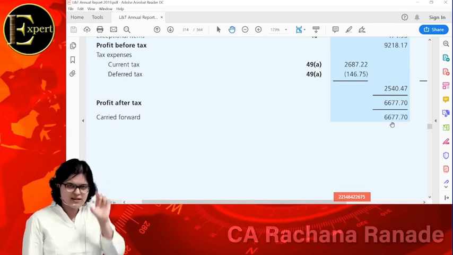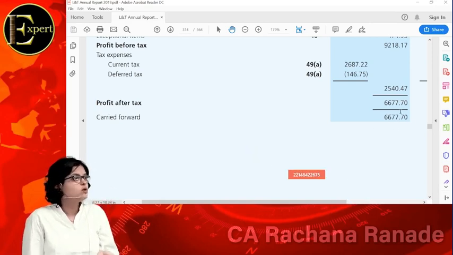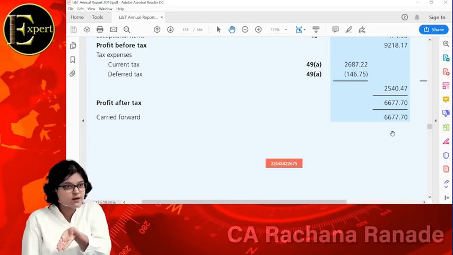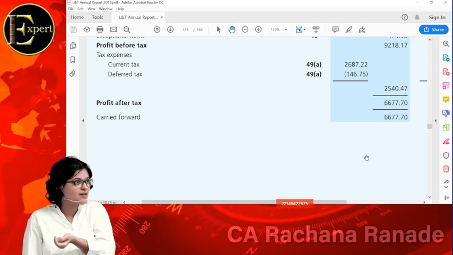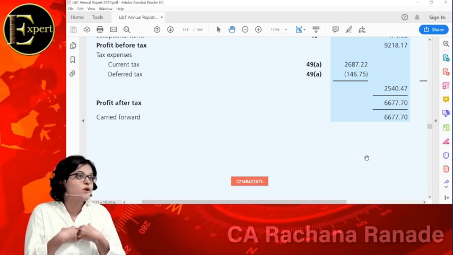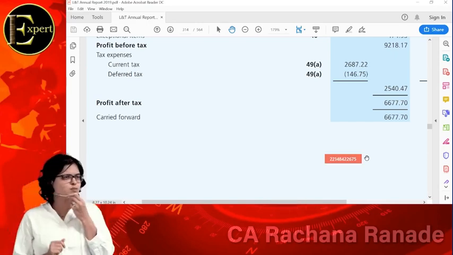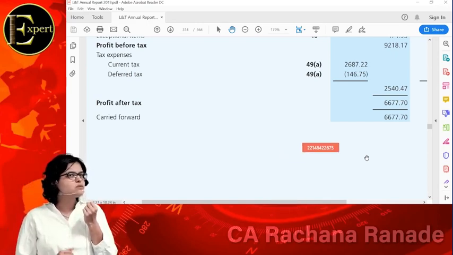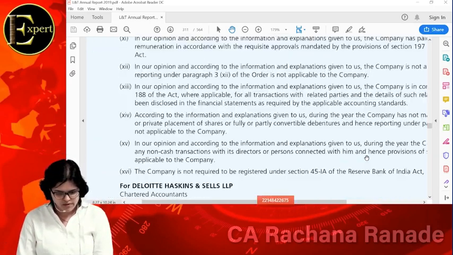Inside the liability side we'll have shareholders funds, and this amount has to get transferred there because they are the true deserving people of this money. They have taken the risk, they have earned the profit, they deserve this money. So how will we check whether they really got this money or not? In the balance sheet, under shareholders funds. So let us go to the balance sheet, shareholders funds.